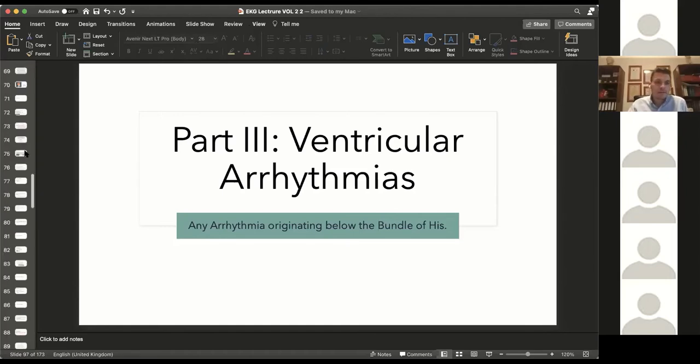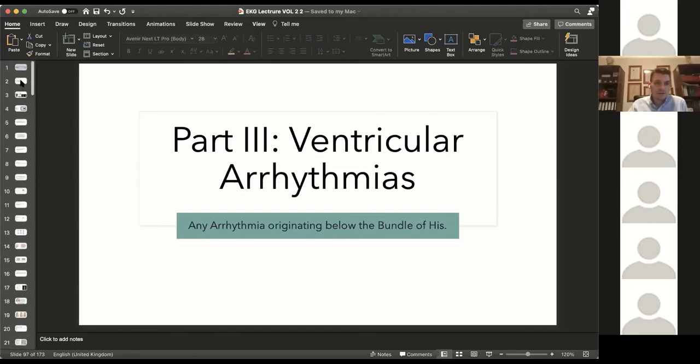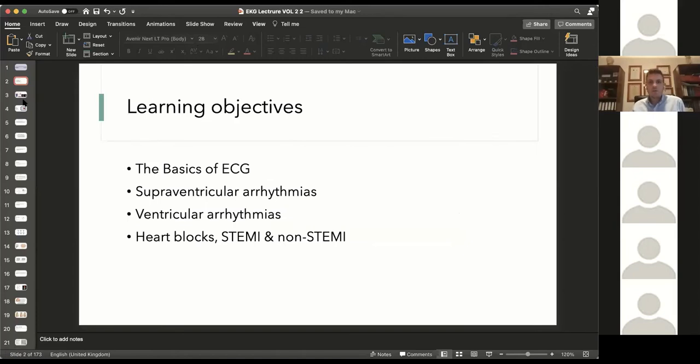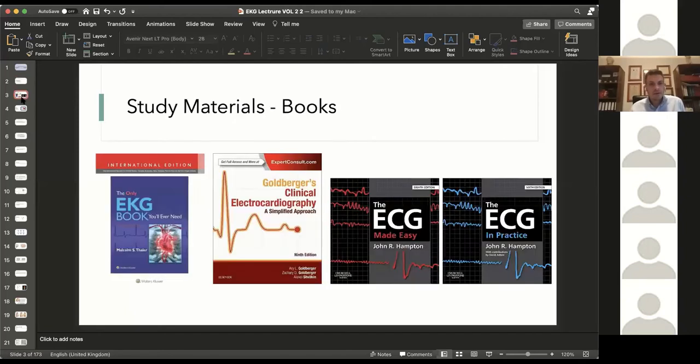Keep in mind that we stick to our basic principle, and today we will talk about ventricular arrhythmias, heart blocks, as well as STEMI and non-STEMI myocardial infarctions and how they appear in the EKG. I remind you that books are always the basic step towards mastering ECG, and this lecture, even though it is helpful, will make a lot more sense if you use a book along with it.